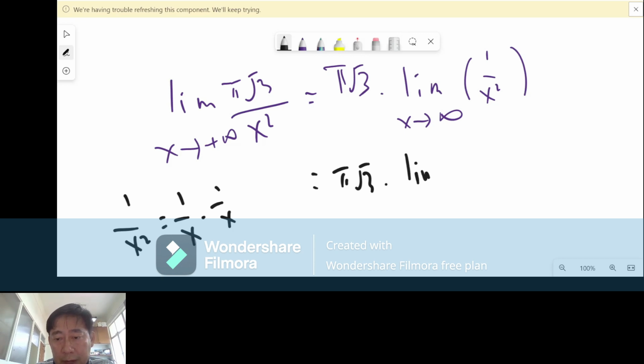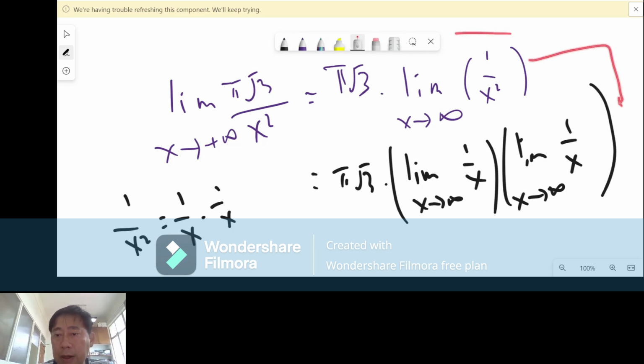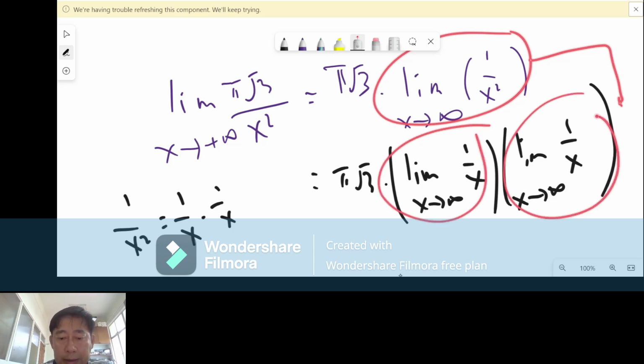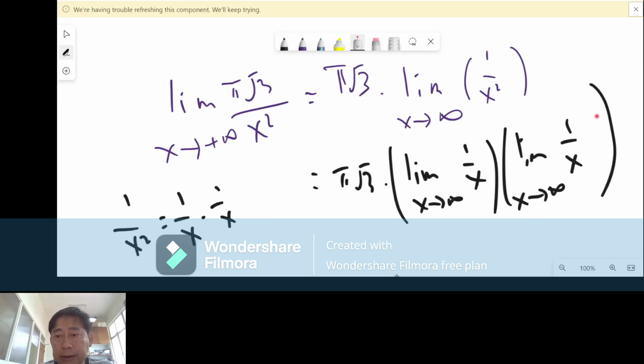So this should then be written as the limit of 1 over x times the limit of 1 over x for x going to positive infinity. So when I go from this line to this line, I break this into the product of two terms, and this is an application of the product rule where f(x) and g(x) in this case are the same function, which is 1 over x.